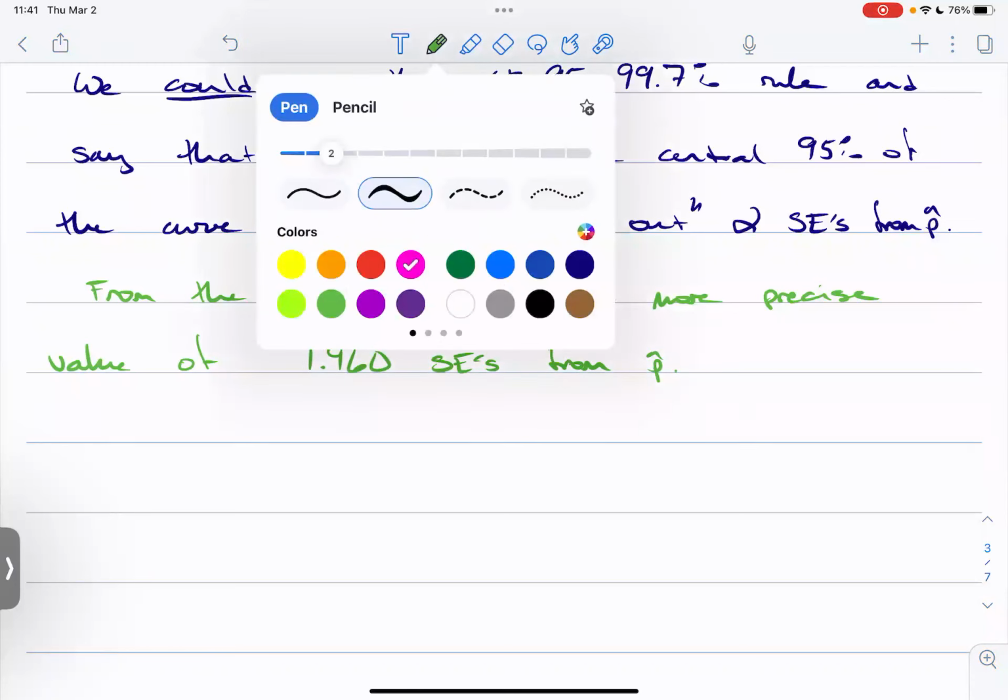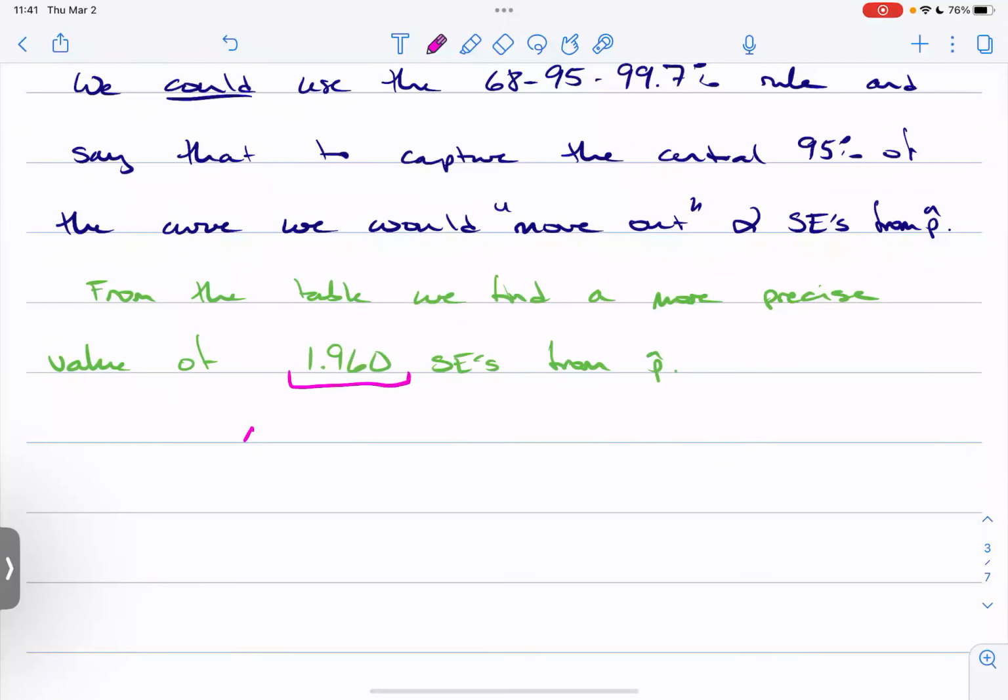But I do want you to notice this is very close to 2. From here on out though, I want you to use the table. Be as precise as you can be.